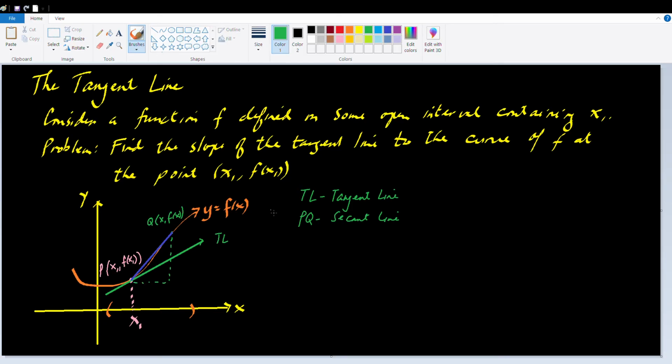Let M of TL be the slope of the tangent line and M of PQ be the slope of the secant line PQ.